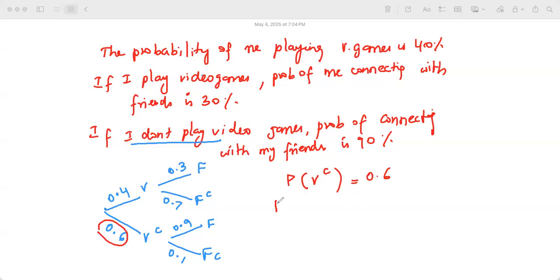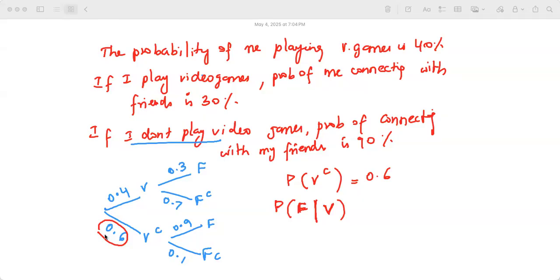Now, what is the probability? See here. I showed you several symbols. What does this mean? What is the probability of F pipe symbol V? Sorry, I wanted to mute.